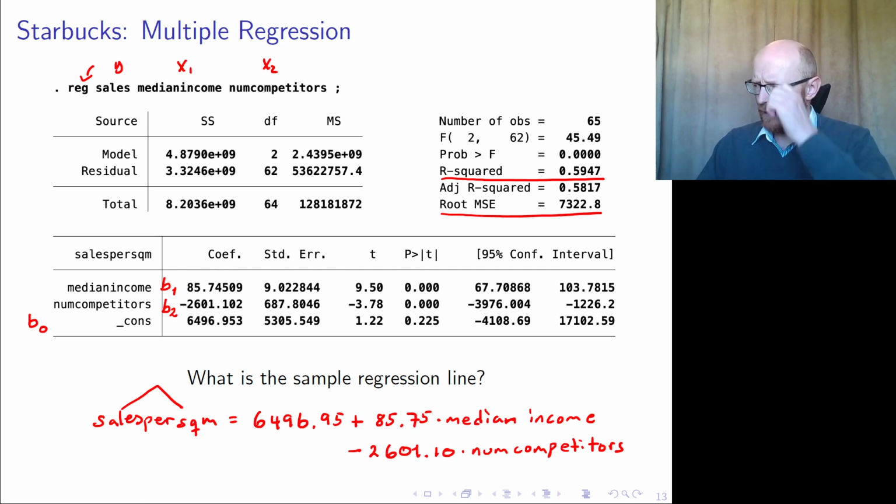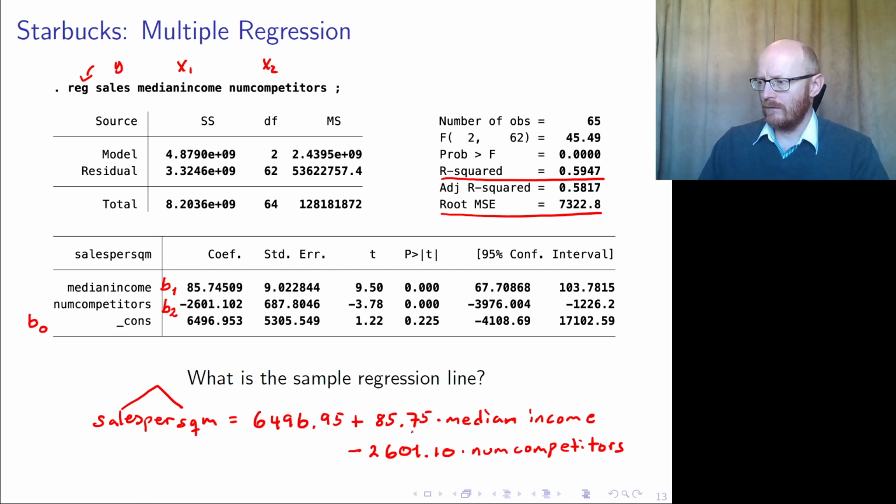Okay, and if you get one extra competitor, everything else the same, on average you would sell 2,601 kroners less per square meter per year.